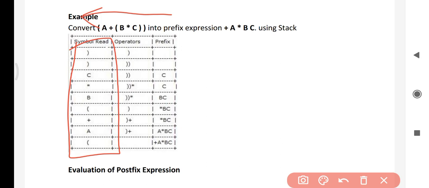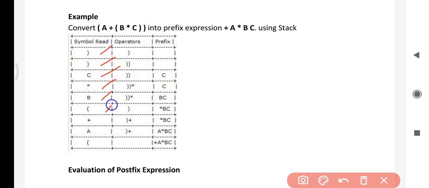That means first I will get right parenthesis, again I will get right parenthesis, then c, then star, then b, then left parenthesis, then plus, then a, then left parenthesis. So these are the symbols you have read.